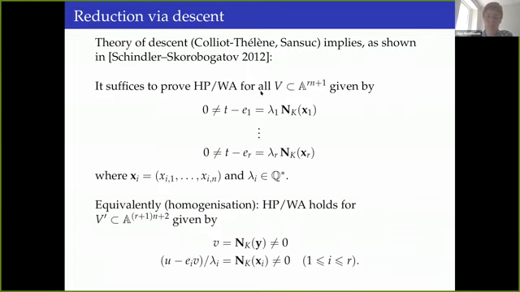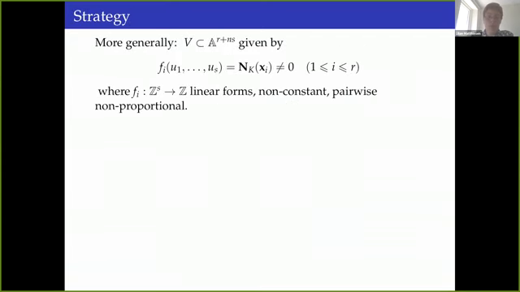This is essentially coming from the fact that you are looking here at one equation for each of the distinct roots of the polynomial. Proving Hasse principle and weak approximation here is something that you can now do by studying linear correlations as occurred earlier in the talk. In order to study Hasse principle and weak approximation for such varieties, you have to introduce a counting function that takes into account representations by norm forms.